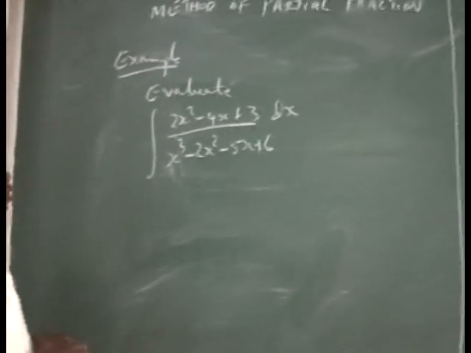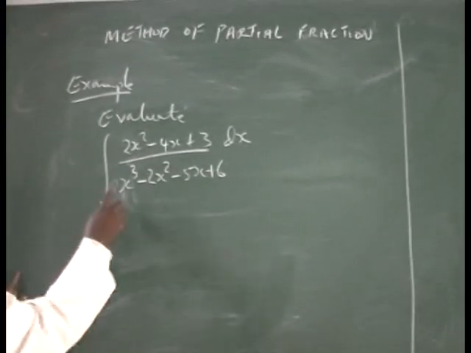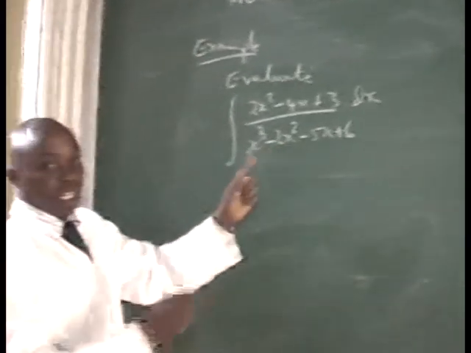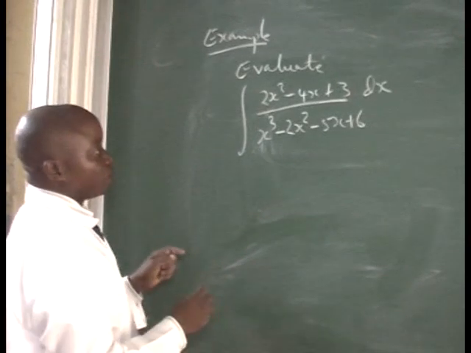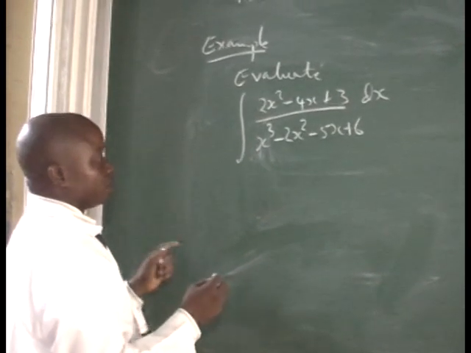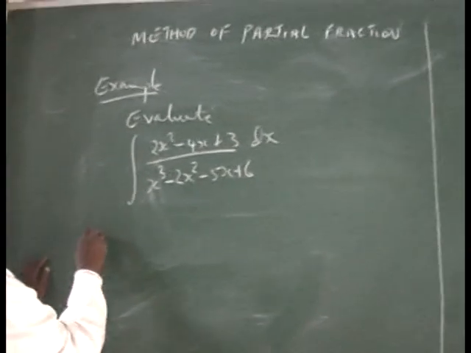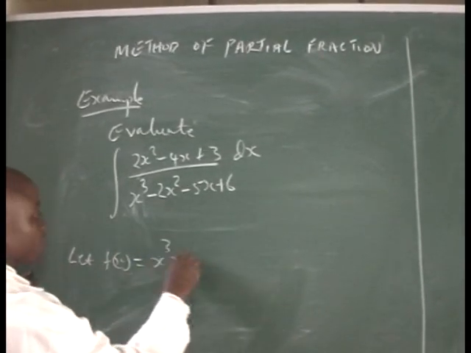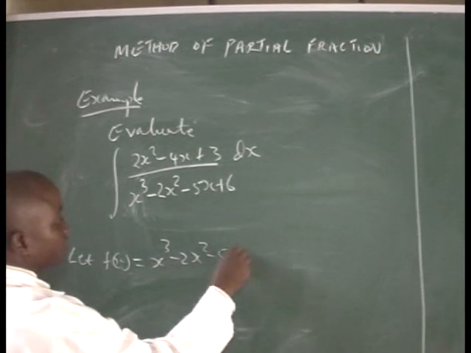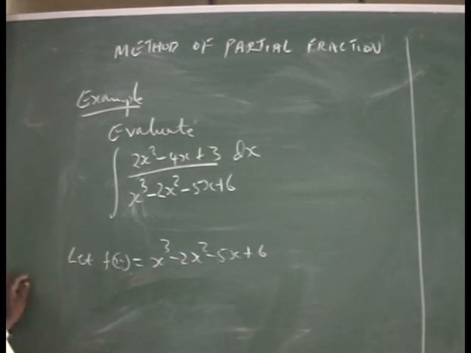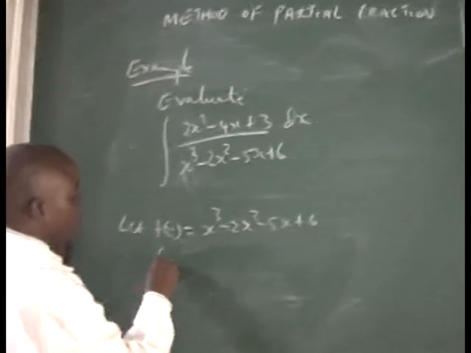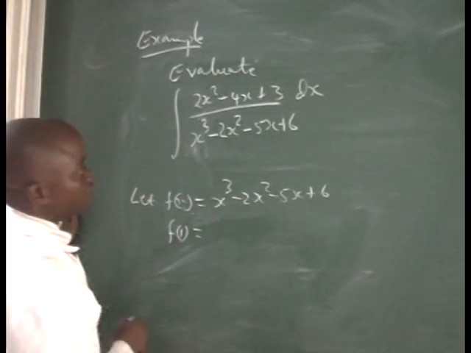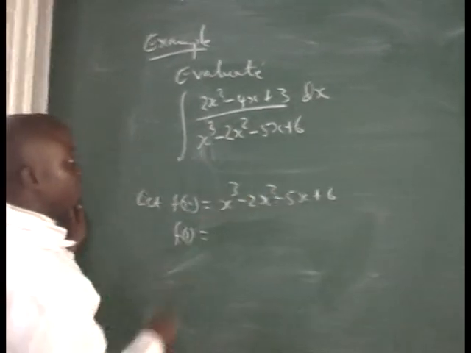Alright. Now, first thing I will do, let me look at the denominator first and know how the denominator looks like. I will let f of x is equal to x cubed minus 2x squared minus 5x plus 6. So now let me assume 1 first to see whether 1 is a zero of this polynomial.